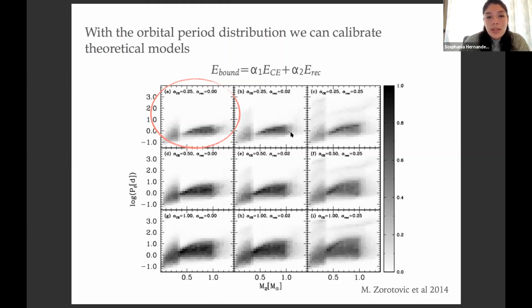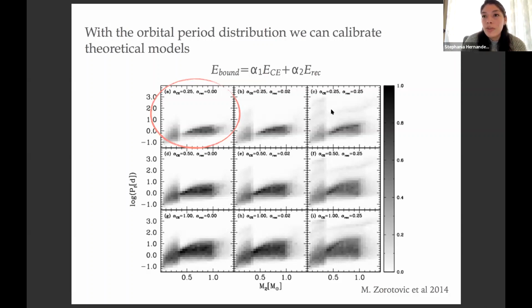But for those systems that have longer orbital periods, it seems to require more energy or an additional energy source during the common envelope evolution.